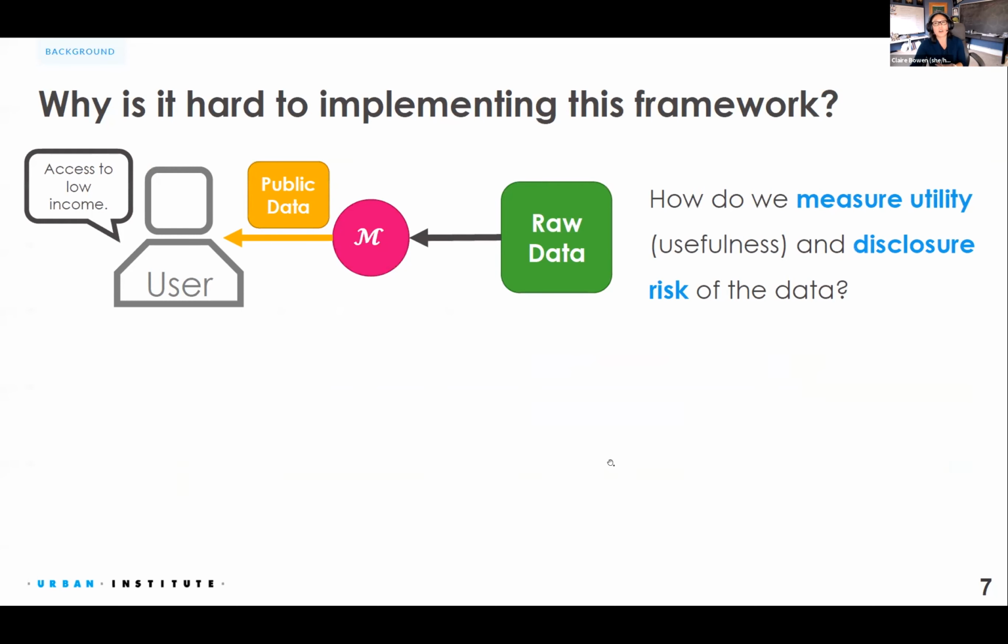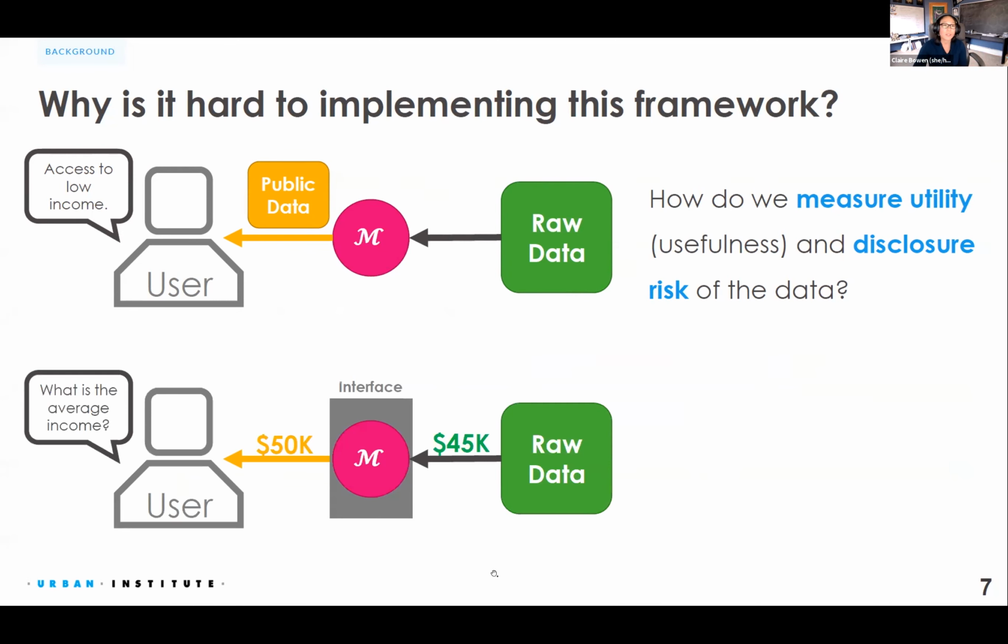It's also really hard to measure the disclosure risk or the privacy of the data without asking, hey, how is somebody going to attack the data? So you have to do this kind of prediction of what people are going to do and how they are going to attack it. That's how you measure it, and that then helps you dictate how you're going to alter the data, which is easier said than done. So it's a little tricky.